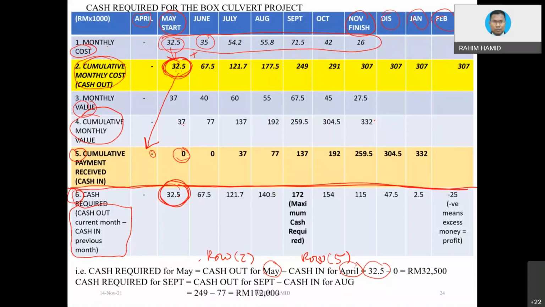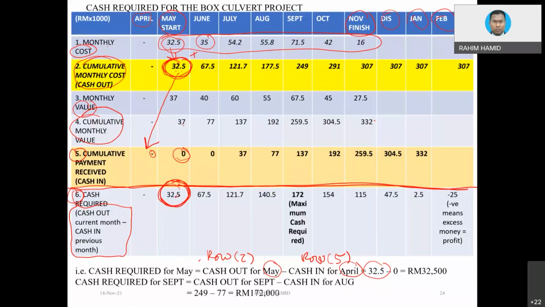Whatever money you spend today is basically the salary you got from the previous month. So what we are doing in the cash flow is exactly the same thing. So this is how we get 32.5. That's why I put April as a column there, in order to make you understand. Okay, that is the example.